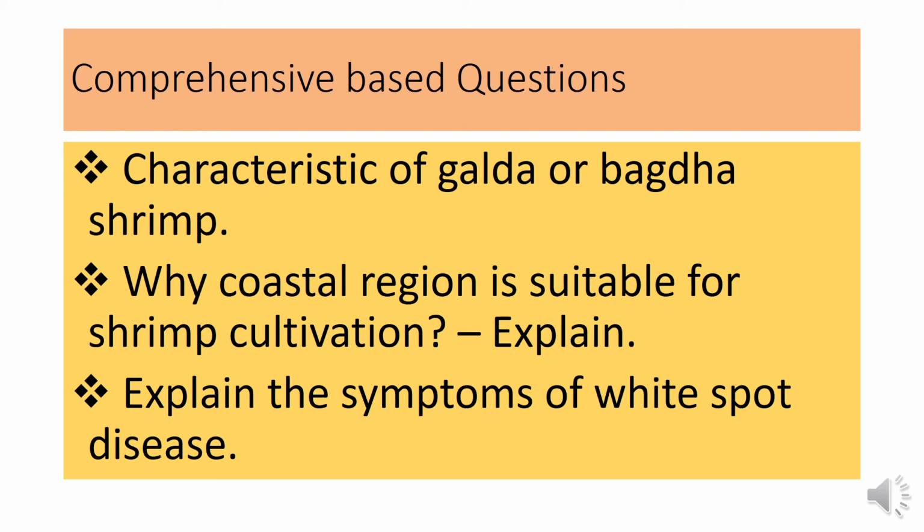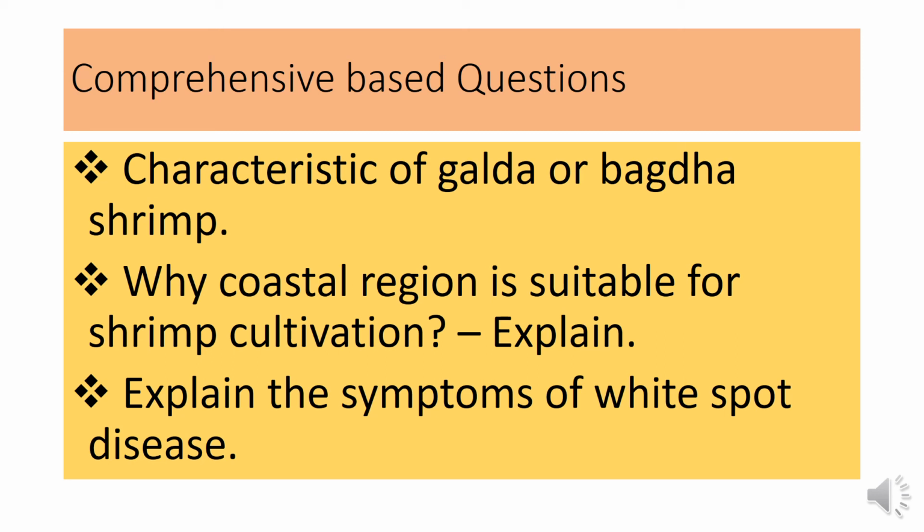Mainly the antennas of Golda shrimp are triflagellated and the antennas of Bagda shrimp are biflagellated. The color of Golda shrimp is greenish, whitish-greenish, and the color of Bagda shrimp is green or light brownish or grayish.